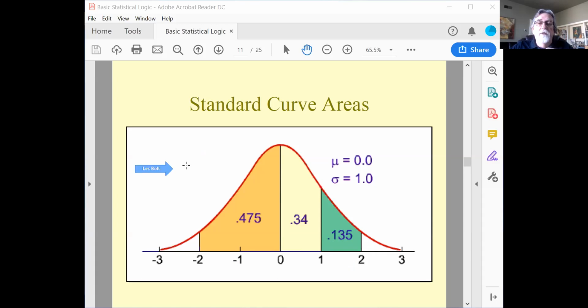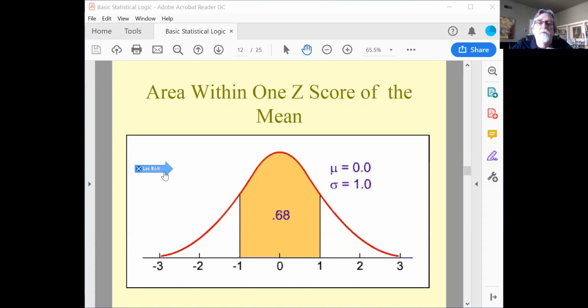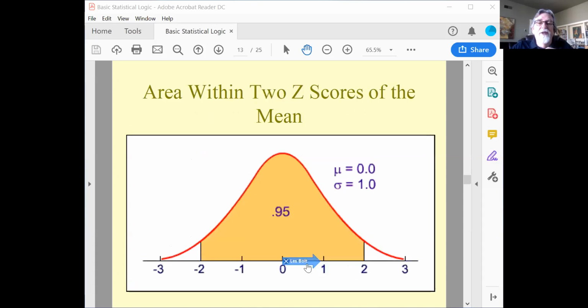Well, when you think about that and look at it a little further, that means that about 68% of the cases, over 2/3, lie between 1 standard deviation unit below and 1 standard deviation unit above the mean. And about 95% of the cases lie between 2 standard deviation units above and 2 standard deviation units below.